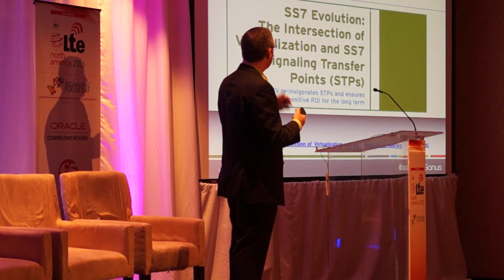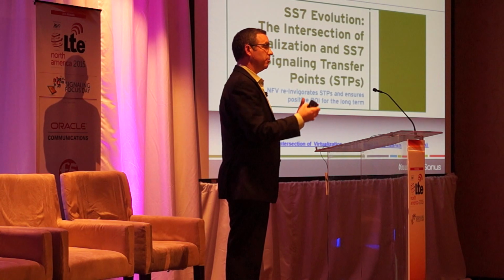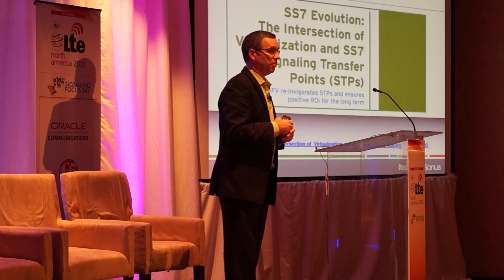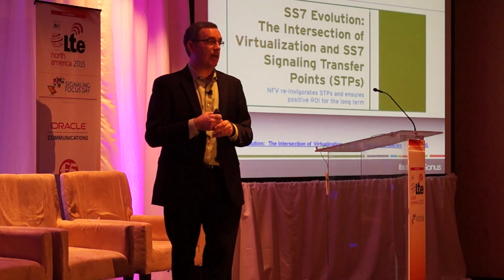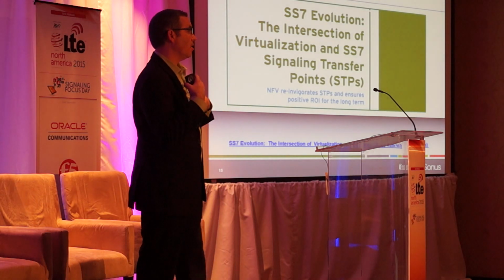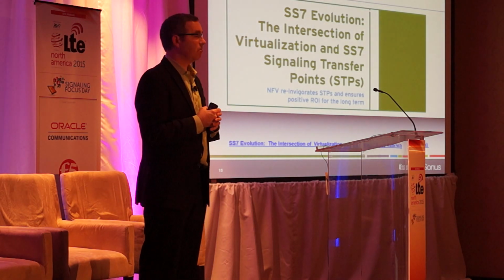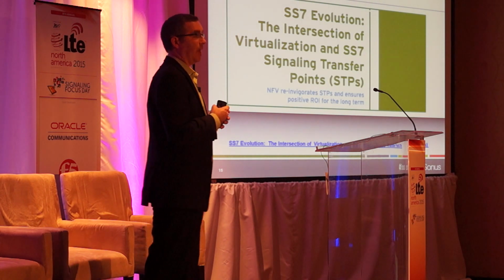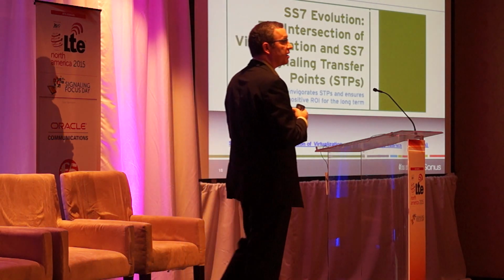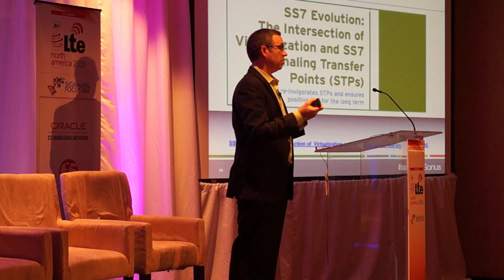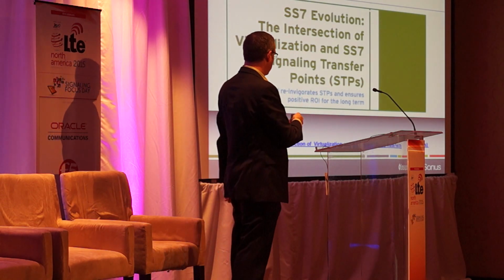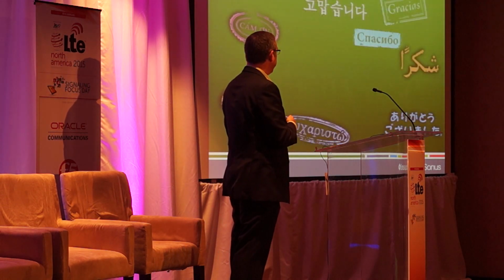What's happening here is we see NFV really reinvigorating that from a customer standpoint. And over the last year or so, I've seen a whole bunch of customers say, yes, I'd like a virtualized STP. Please tell me what you have. So I'm just reflecting what the customers are telling us they're looking for. And that is it.